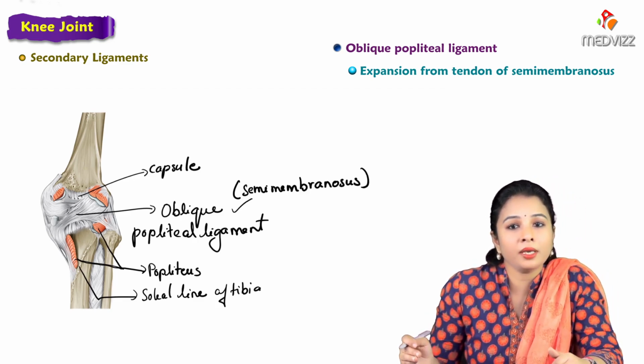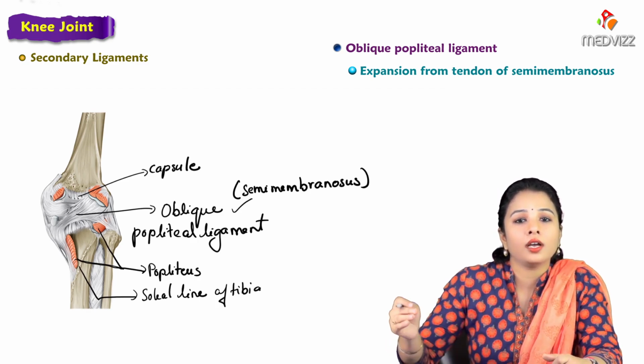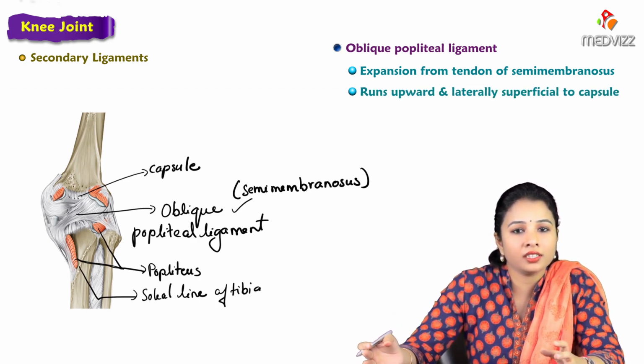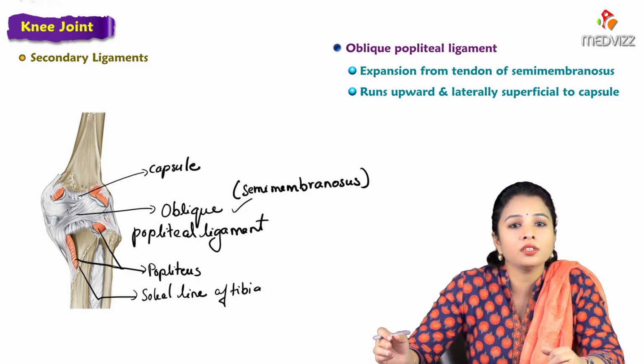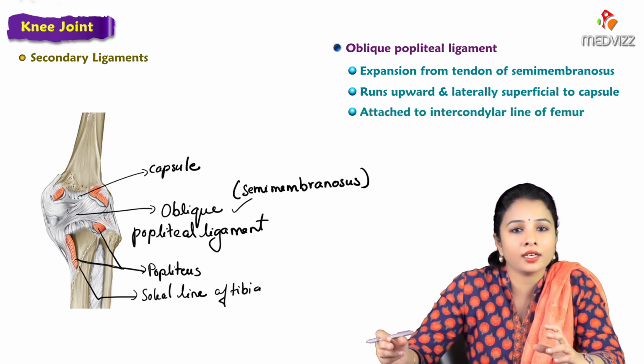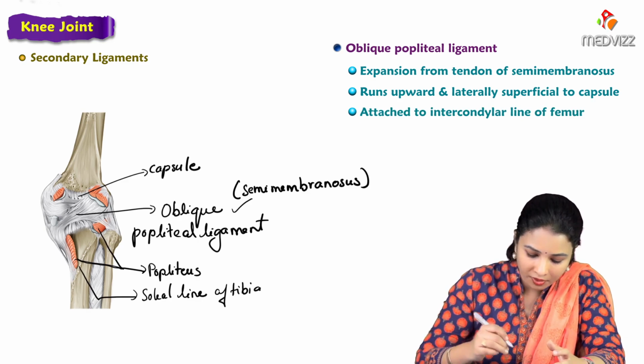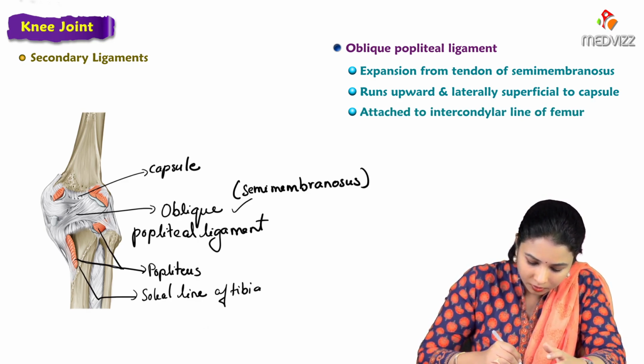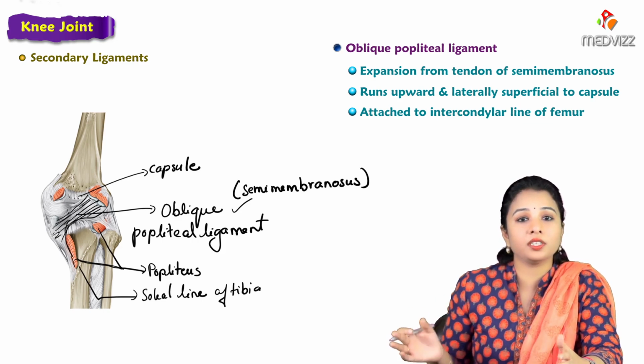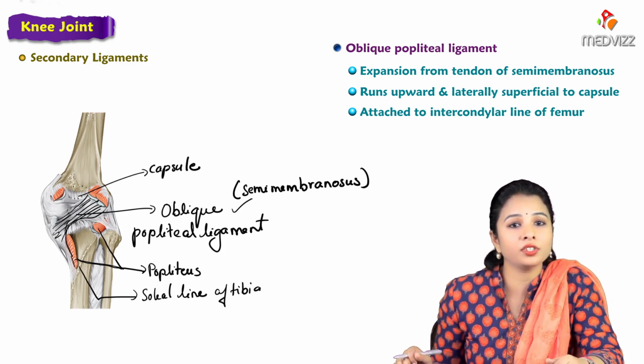It runs upwards and laterally, superficial to the capsule, and is attached to the intercondylar area of the femur. So this one is the oblique popliteal ligament, which is present on the posterior aspect of the knee joint.